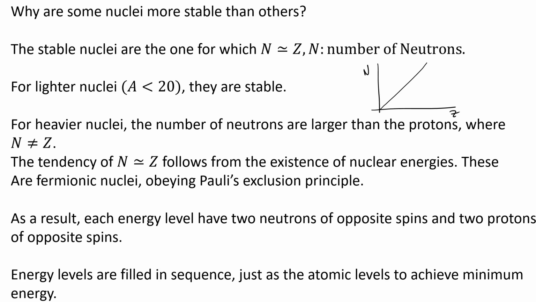These are fermionic nuclei, they obey the exclusion principle, and as a result each energy level has two neutrons of opposite spins and two protons of opposite spins as well. Energy levels are filled in sequence, just like the atomic energy levels, to achieve the minimum energy. So, N equal to Z is a good condition, and as you deviate from that, these become unstable, and the instability leads to the decay of the nuclei in terms of radiation.